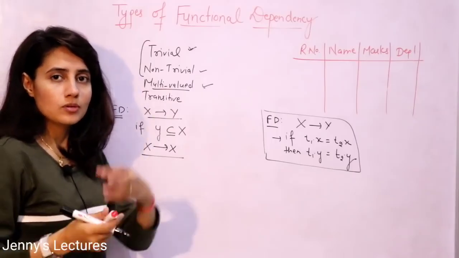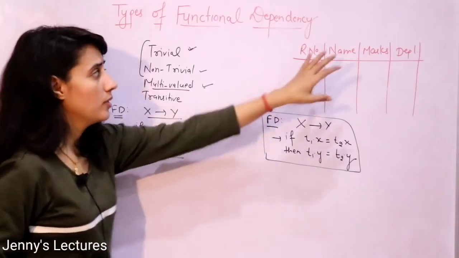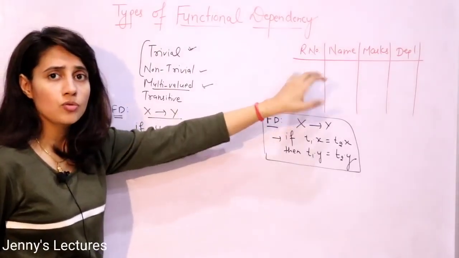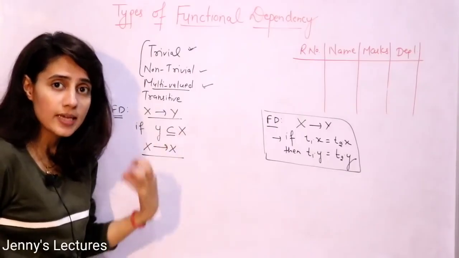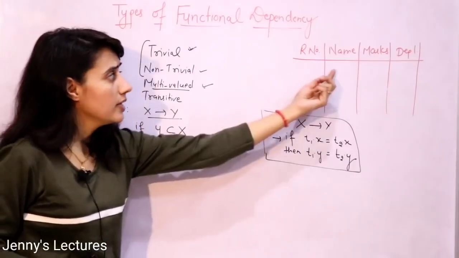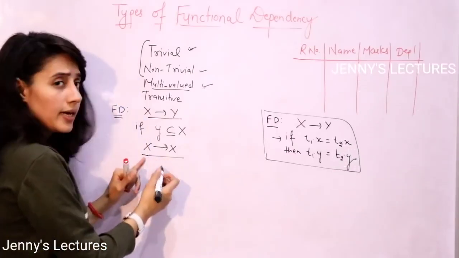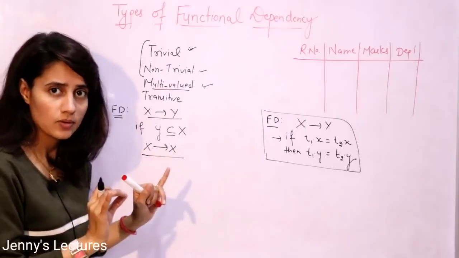If I tell you the roll number of a student and I am asking you to tell me the roll number of a student, from a table only I'm telling you the roll number and asking you the roll number. Obviously then roll number can determine itself, right? Obviously name can determine itself, fine. So an attribute can determine itself. So this is what trivial functional dependency is.